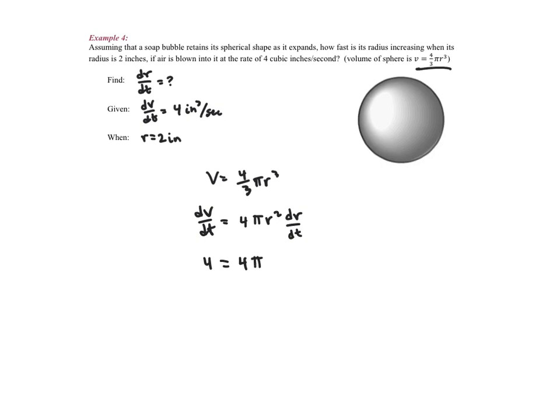We got a 4 times pi times the radius squared, which was 2, times dr/dt. Therefore, I'm going to get 4 equals 16 pi times dr/dt. And therefore we get 1 over 4 pi, and since we're talking radius, inches per second is dr/dt.